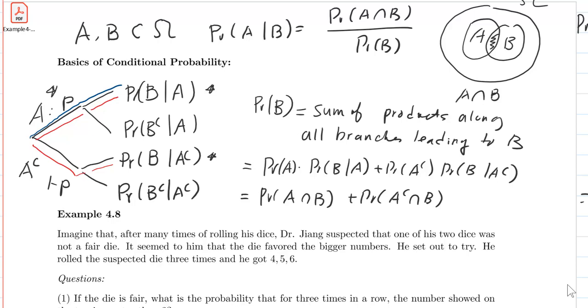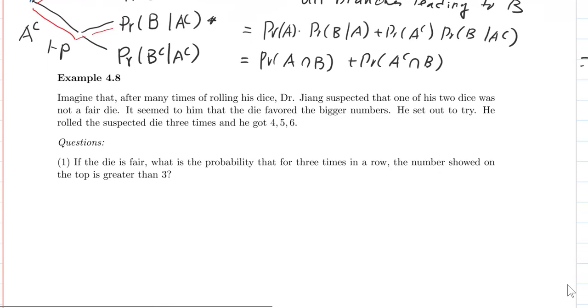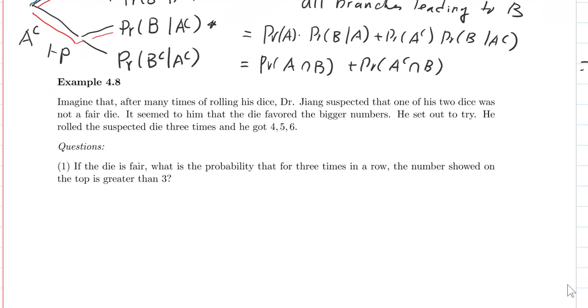Now we are asking the question, suppose we know B has happened, what is the probability that it actually is from the cause A? All right, I hope that's enough review, and then we're going to look at example 4.8. We're going to just use an intuitive approach, but we remember these two formulas, and if it's necessary, we're going to construct the probability tree.